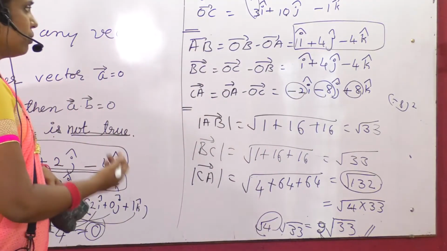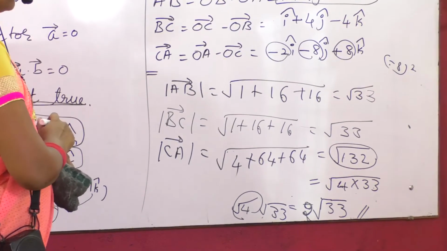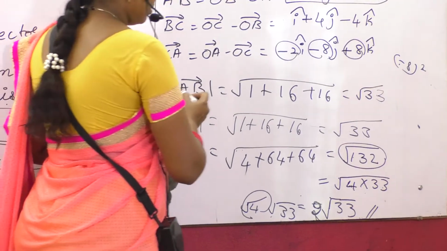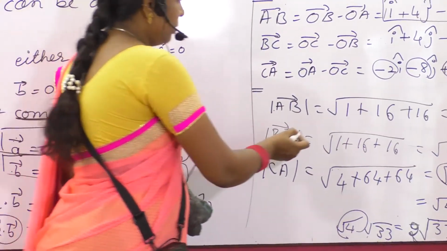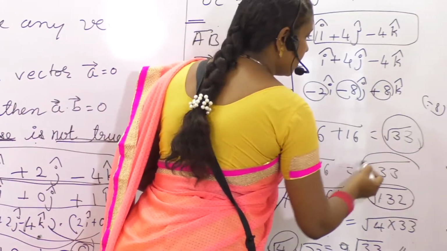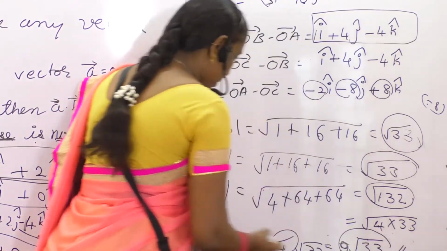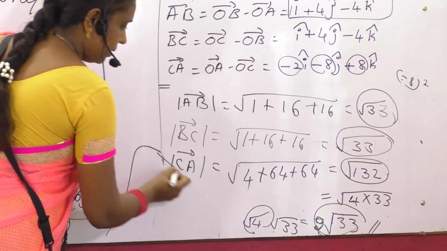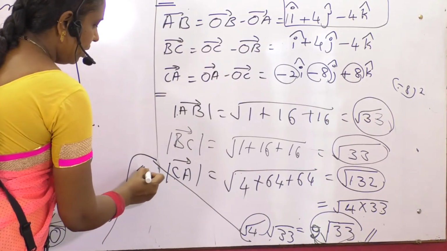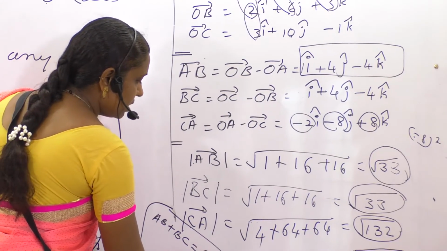Now how are you going to conclude whether these points are collinear or not? Check with this. AB, root 33. BC, root 33. CA, 2 root 33. Can we write, check it here, AB plus BC is equal to CA.